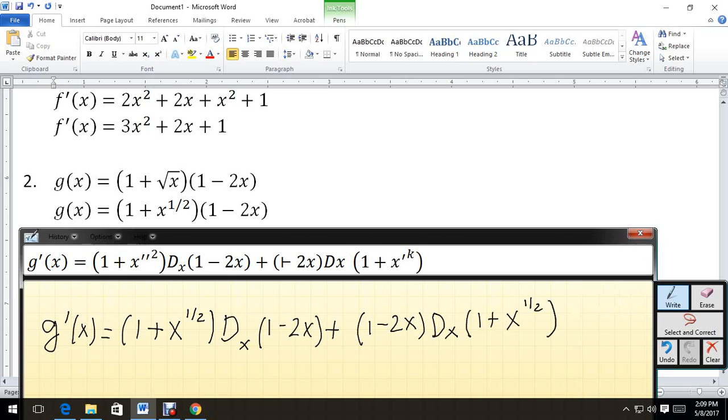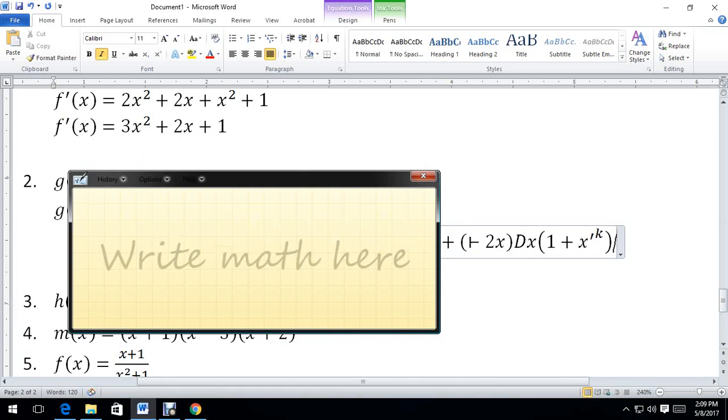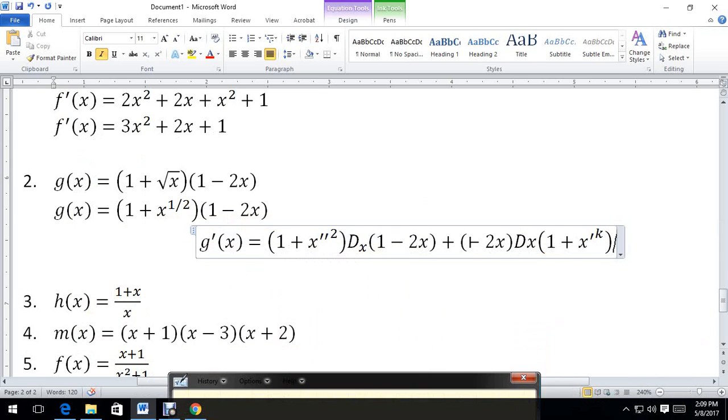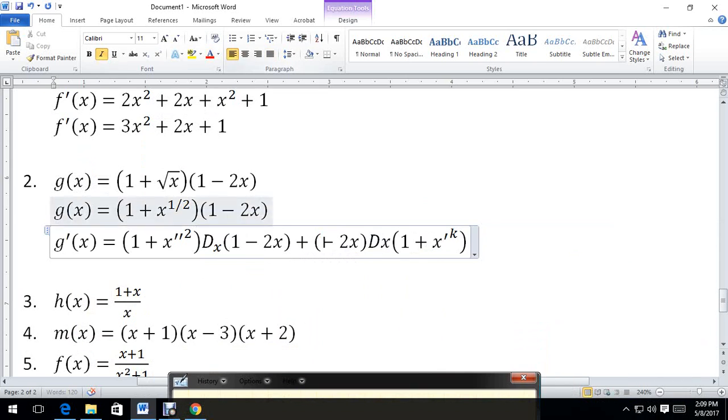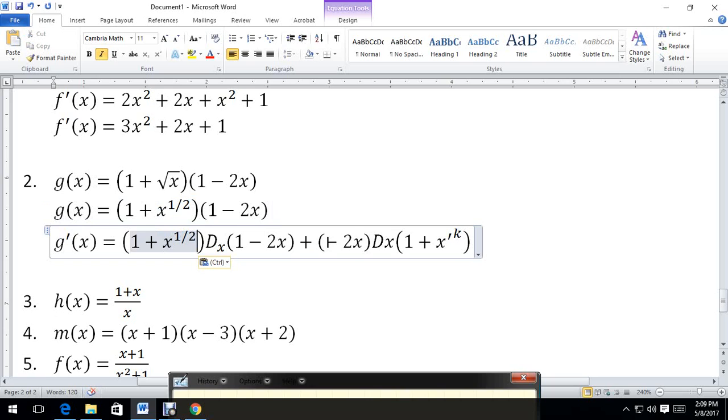Okay, so let's try to insert this in our document. Again, g prime of x is first times derivative of the second plus second times derivative of the first.